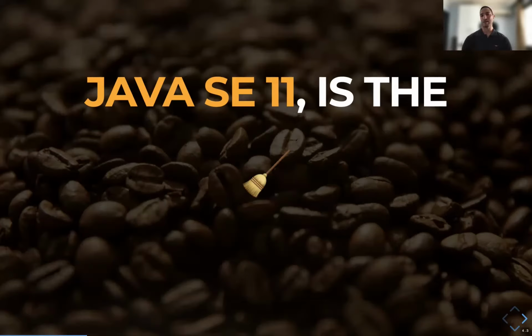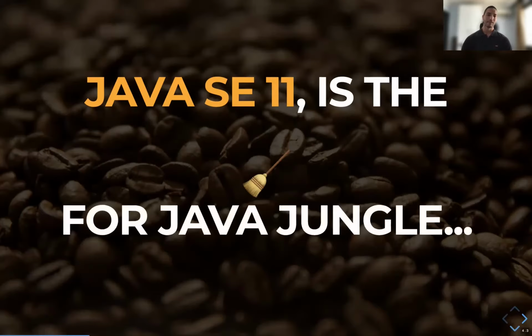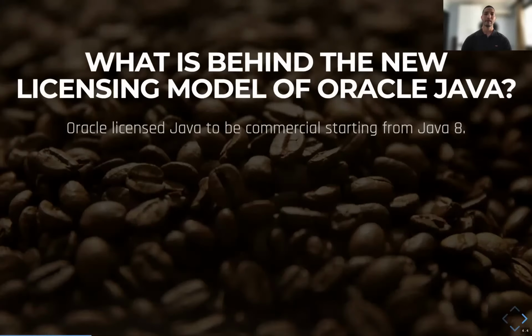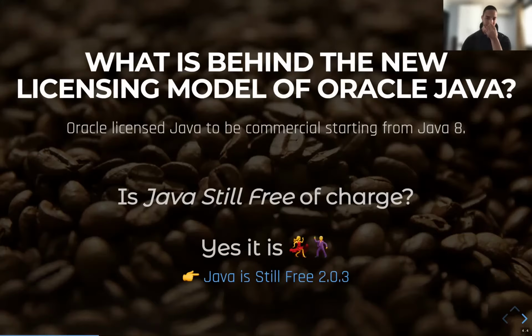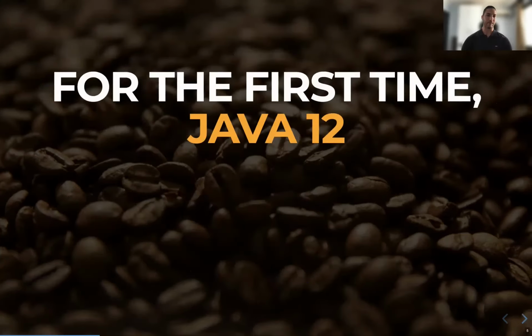And, you know, because Java is always backward compatible, we only deprecate, and that's it. So it's actually the first cleaner, a broom for the Java jungle. And yes, there was a debate between licensing and Oracle, but Java is still free. You have a bunch of options like OpenJDK.